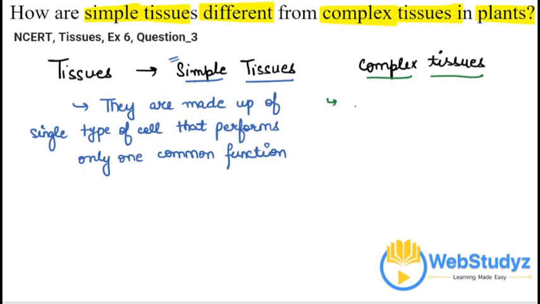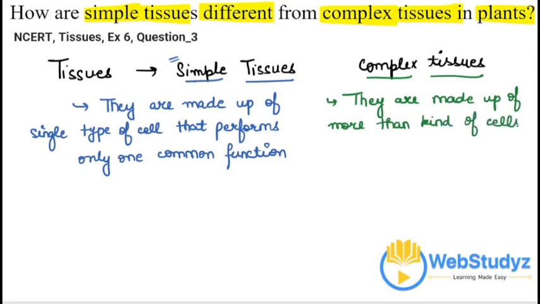So we can say that they are made up of more than one kind of cells. Different kinds of cells must be present, that coordinate together to perform one particular function.